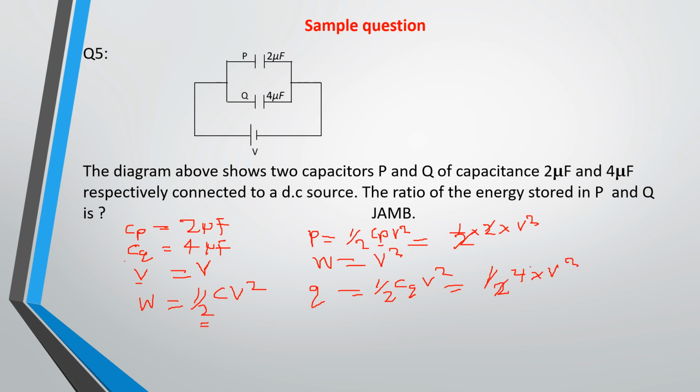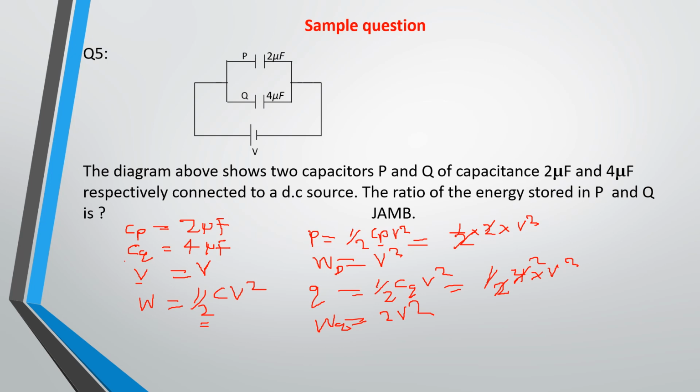When you divide this out, you have 2, which means the energy stored in Q is equal to 2V squared.